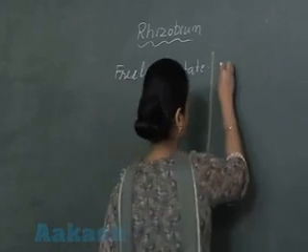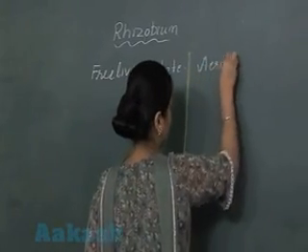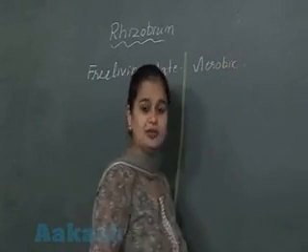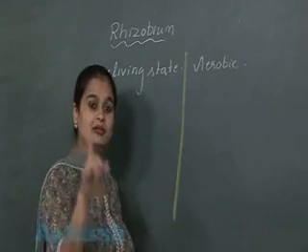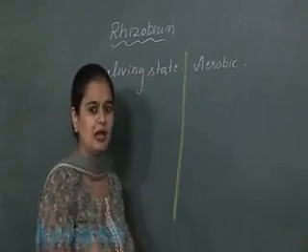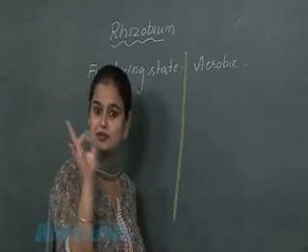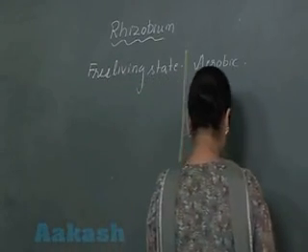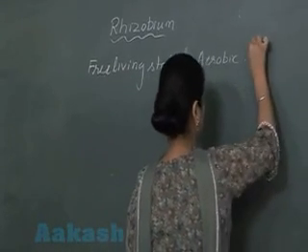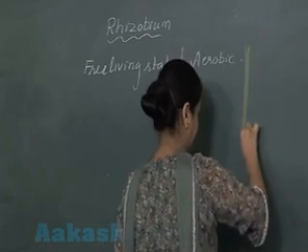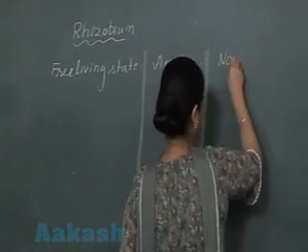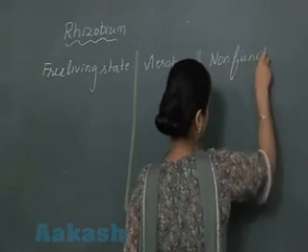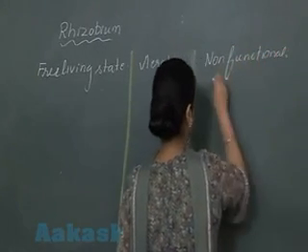Yes, so it shows the aerobic mode of respiration, and when the rhizobium shows aerobic mode of respiration, under these conditions, nitrogenase is non-functional. So under these conditions the nitrogenase enzyme is non-functional.